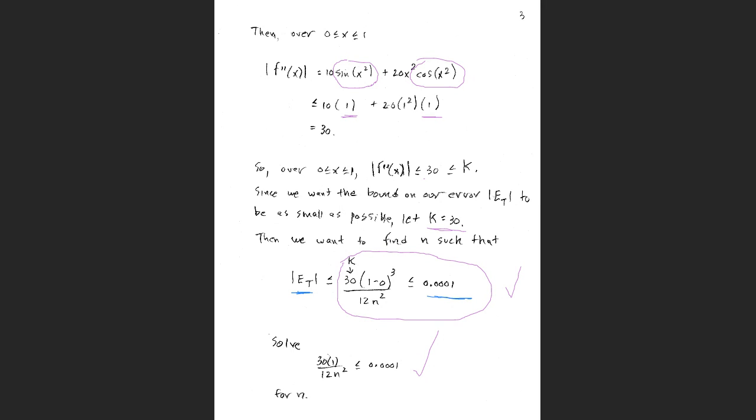Marcus is asking why we use the absolute value of the second derivative. Marcus, you'll have to go to graduate school to find out why, because it's proven, but I don't think they prove it in our textbook. You have to take a course in numerical analysis to see why that's true.